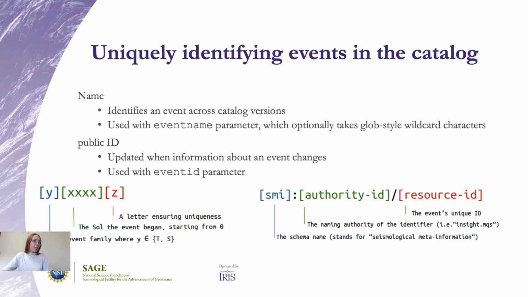While event names persist with an event because they encode information about what type it is and what day it occurred on, the public IDs are changed when information in the event changes. So they can be used in this way to track changes across catalogs.